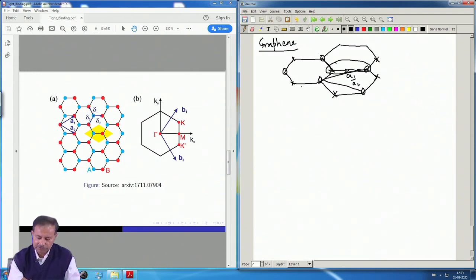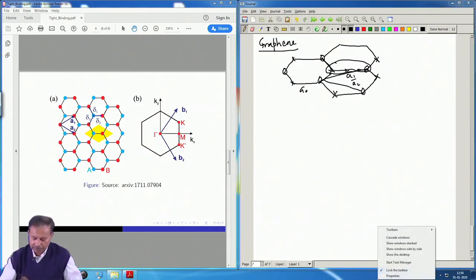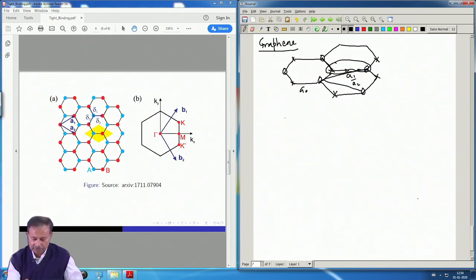If this distance is a0, which is a fixed distance for graphene, we can then write down A1 as x hat, along the x direction, root 3 by 2 a0, plus in the y direction root 3 by 2 a0.